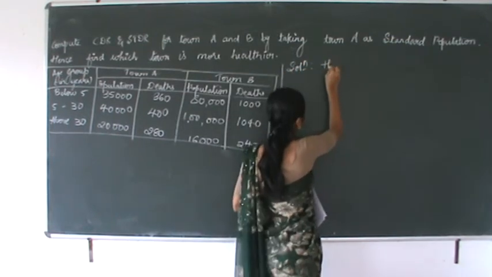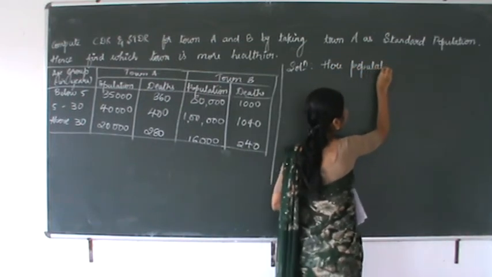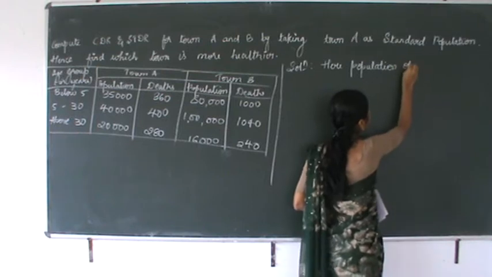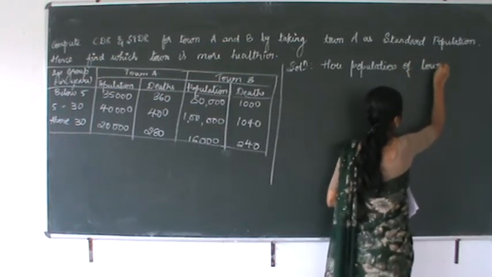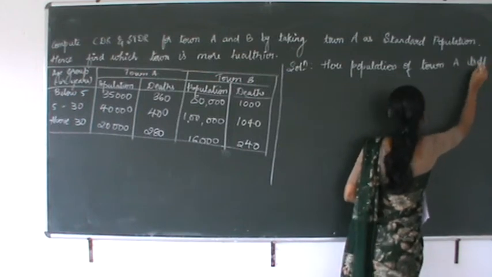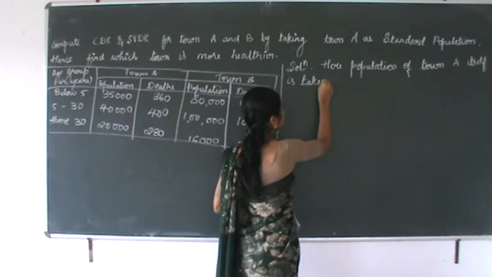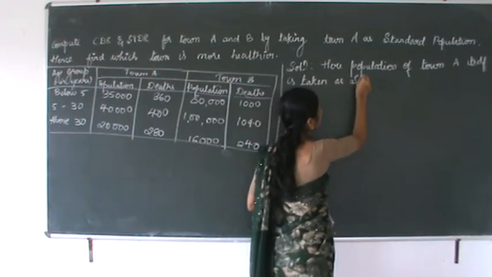First of all, we have to write that here population of town A itself is taken as standard population.